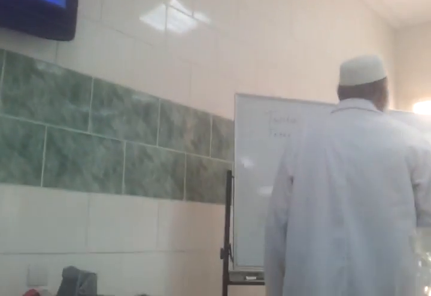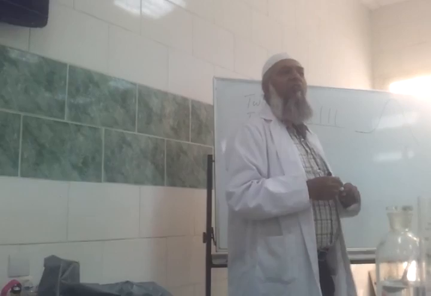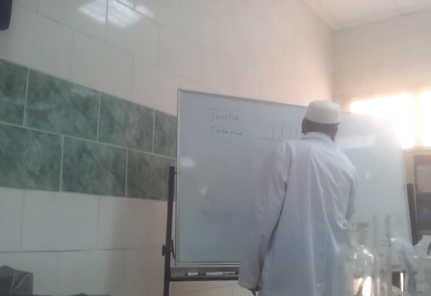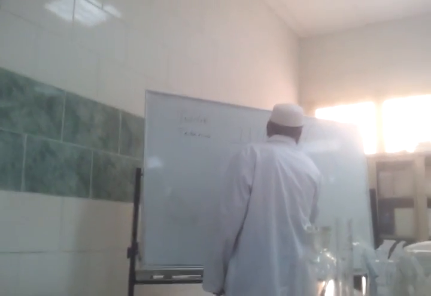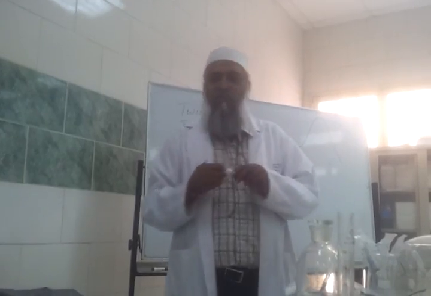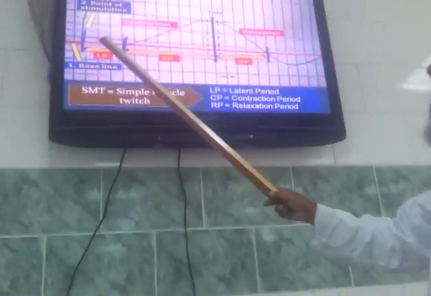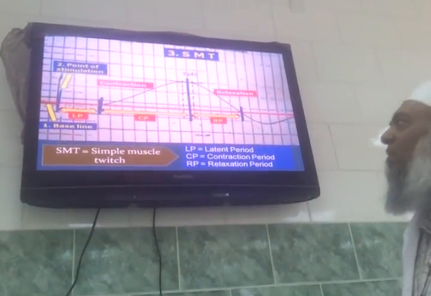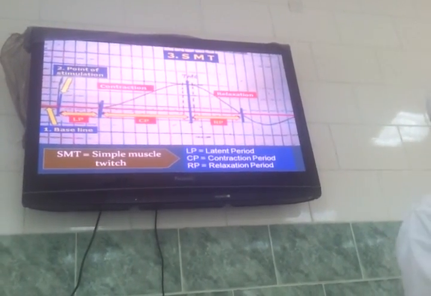To start measuring, the first thing to remember is that when we are recording the muscle response on a kymograph, first we make a line which is called the point of stimulus. Here it is shown by this line, the point of stimulation.